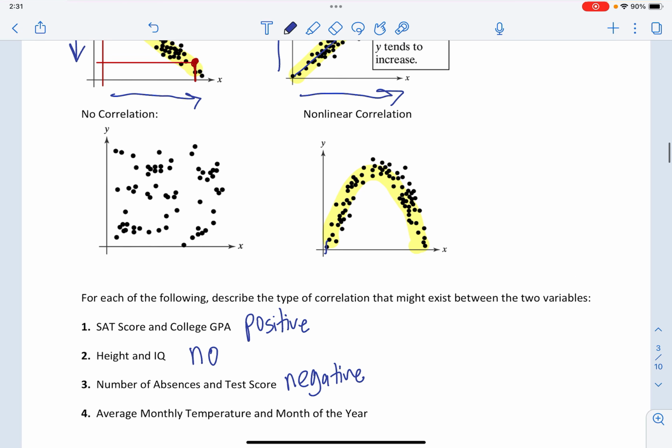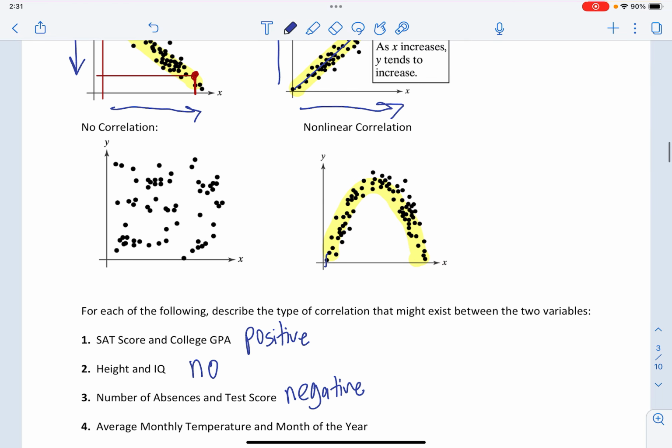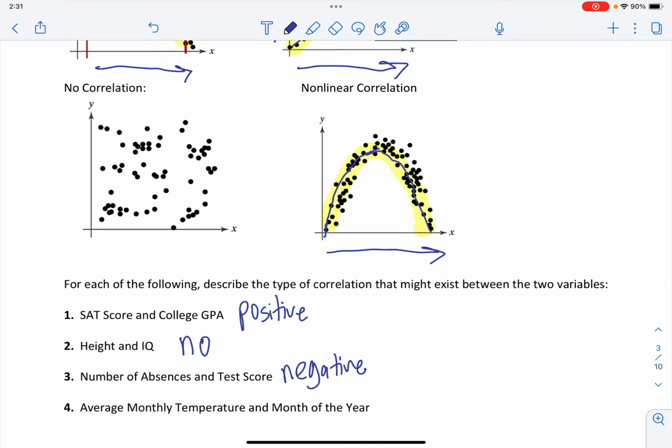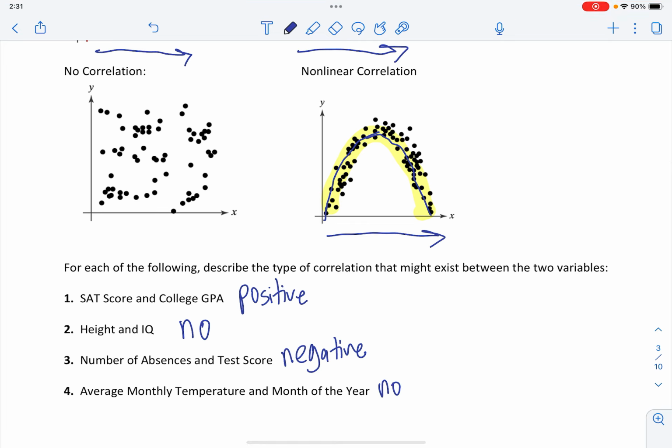And then finally, average monthly temperature versus month of the year. So if this is the month of the year, as we go from January up to the summer months, the temperature's rising, and then it falls again down to December, right? So that gives us a nonlinear correlation, or more specifically, a parabolic correlation.